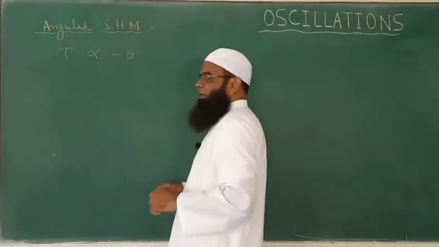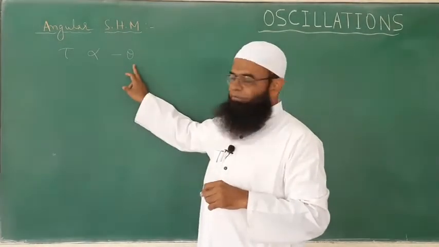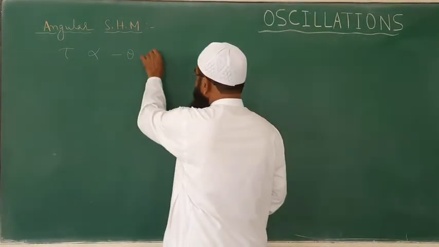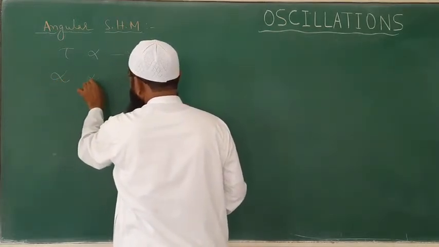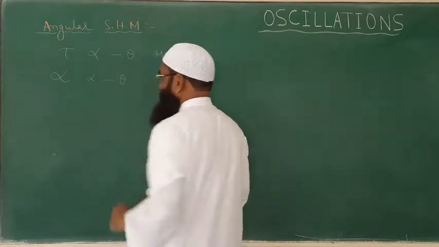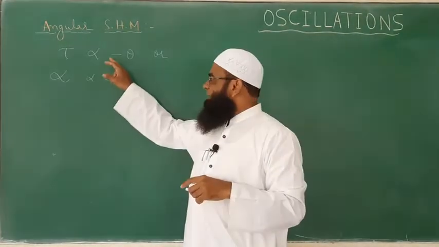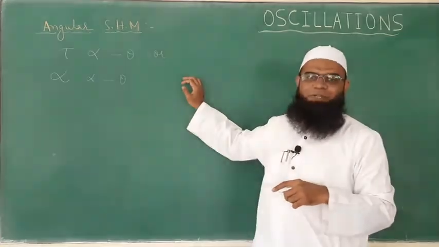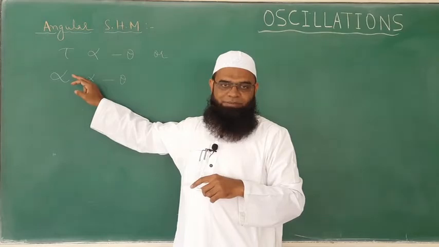We can write torque, denoted by tau, is proportional to minus theta, or angular acceleration alpha is proportional to minus theta. So torque or angular acceleration is directly proportional to angular displacement and they are opposite to each other.